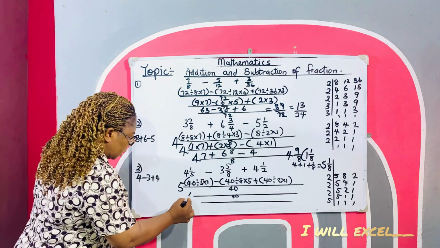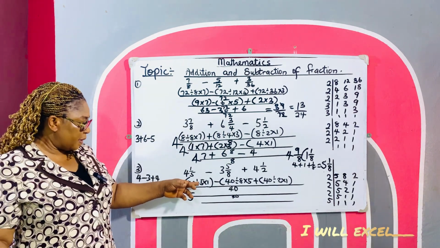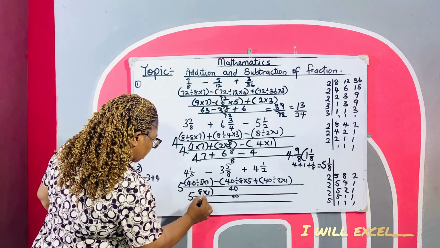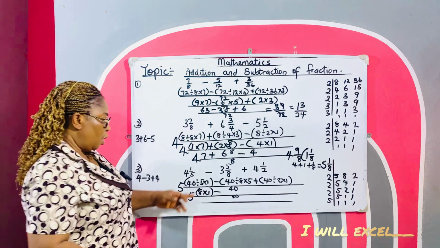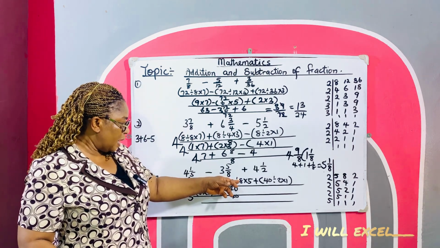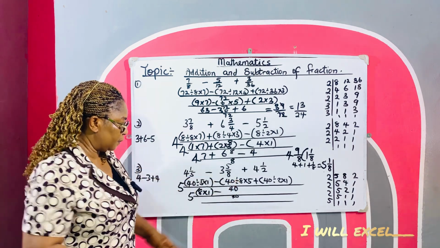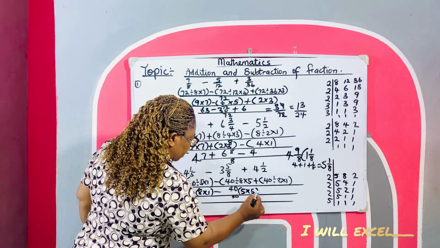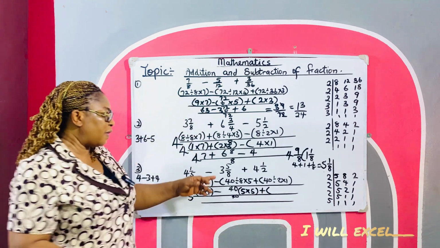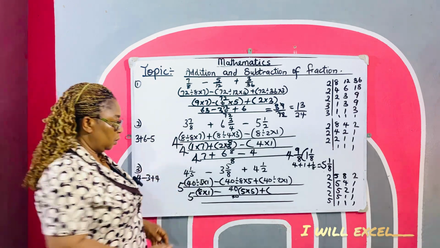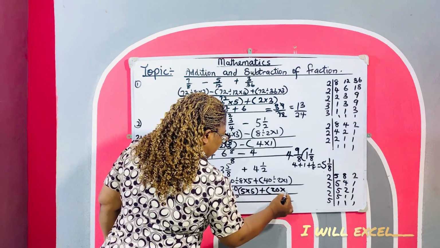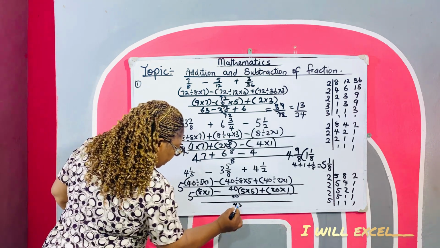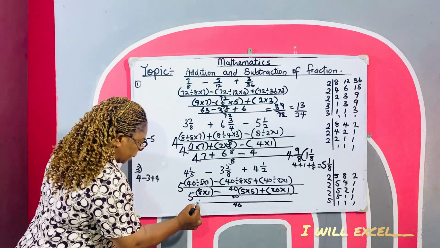Whole number is still here. 40 divided by 5 will give us 8. 8 times 1 minus 40 divided by 8 here will give us 5. 5 times 5. Good. Plus 40 divided by 2 will give us 20. 20 times 1. Okay. So we still represent the LCM and the whole number there.